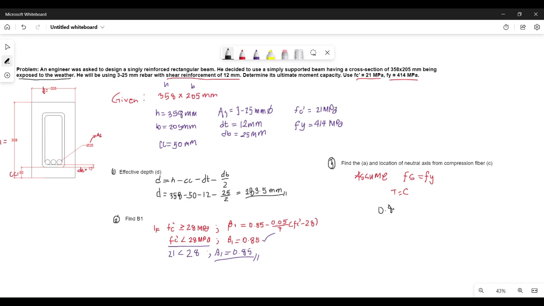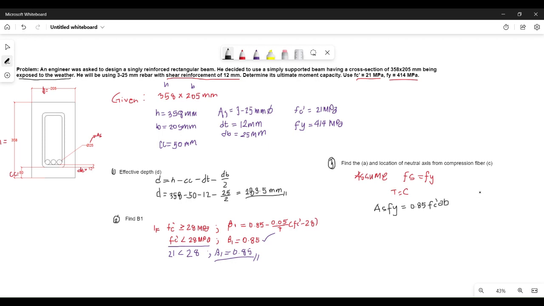For our tension, As fy is equal to compression. So ang compression natin dito ay 0.85 fc prime ab. Okay? That's our compression.